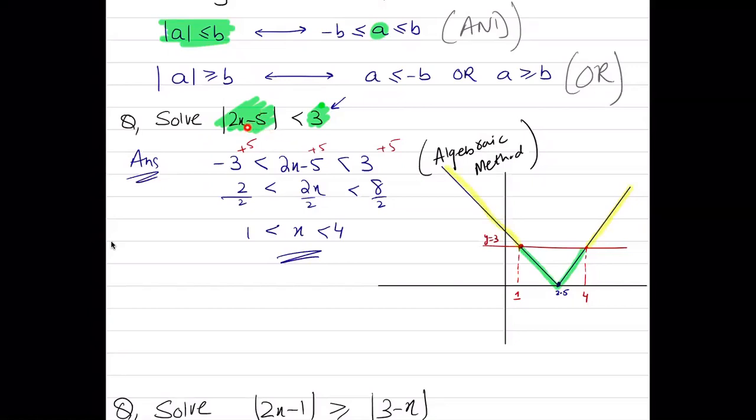Since the question is that the mod graph should be less than 3, you need to give me those values of x which result in this case. For what values of x is the modulus graph less than 3? You can see that all those values of x that are between 1 and 4 are going to satisfy this condition. That's why the answer is x greater than 1, less than 4.